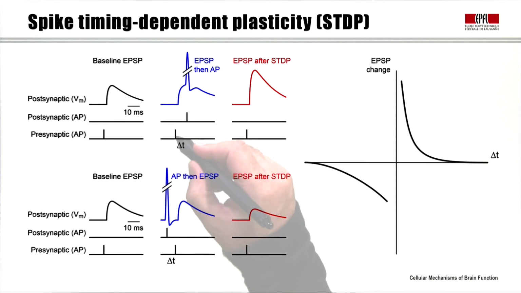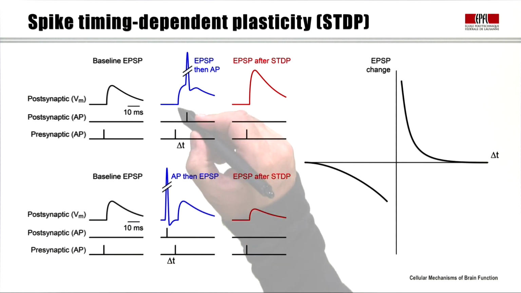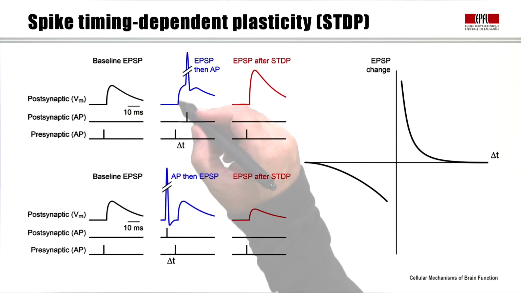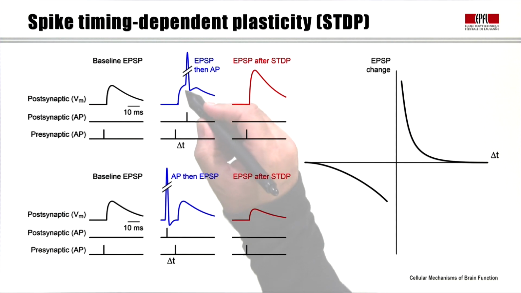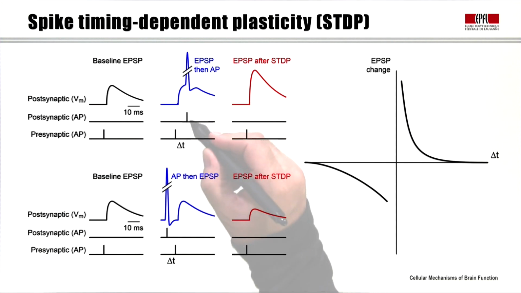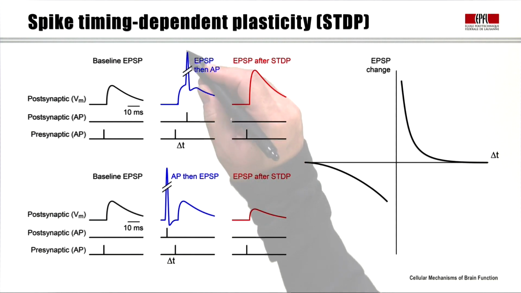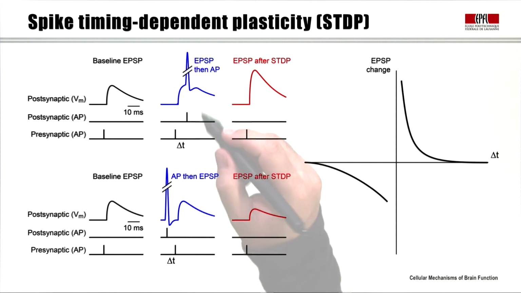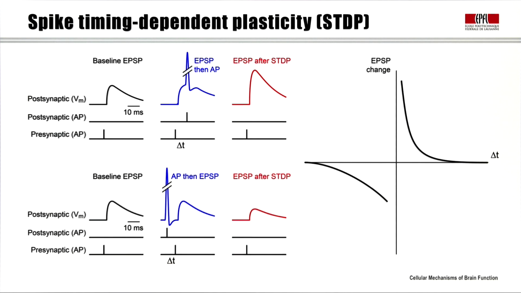So we have the presynaptic action potential that releases glutamate onto the postsynaptic cell as before, causing the postsynaptic potential. But now, in addition to that EPSP, there's also a current that's being injected into the postsynaptic cell, and that then makes it fire an action potential, riding on top of the postsynaptic potential.